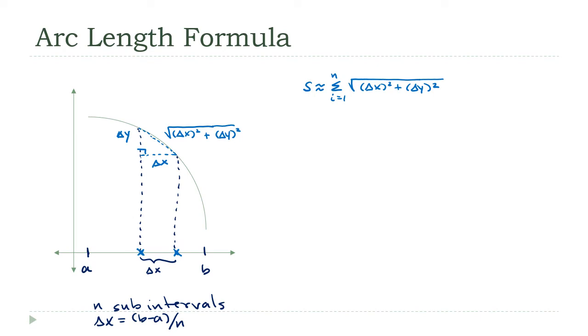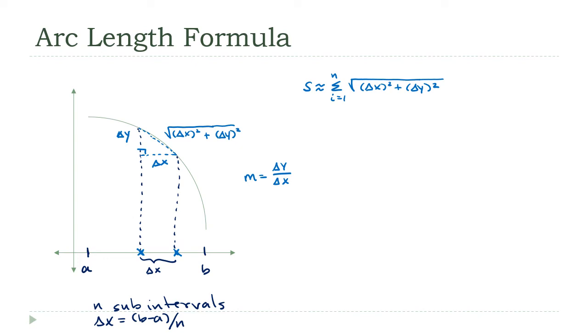Well, the slope of the secant line, that's my hypotenuse. Right, my hypotenuse is the secant line, and its slope is just delta y divided by delta x.